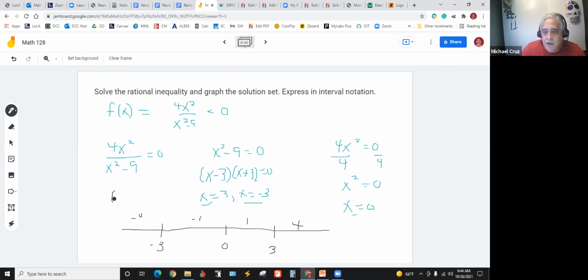So in other words, this is negative infinity to negative 3. This one is negative 3 to 0. And then this one is 0 to 3. And then this one is 3 to infinity.